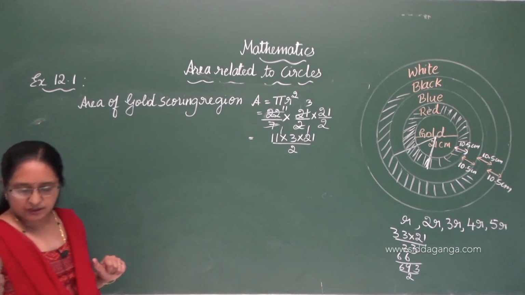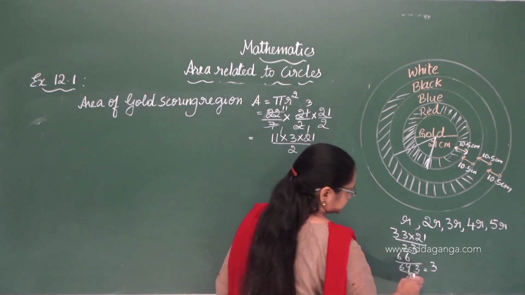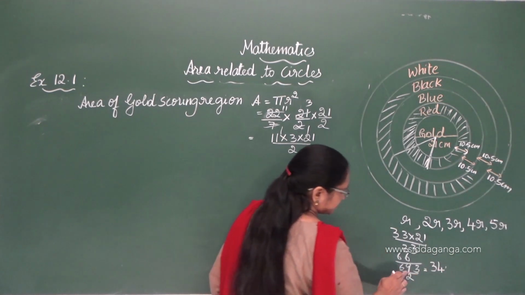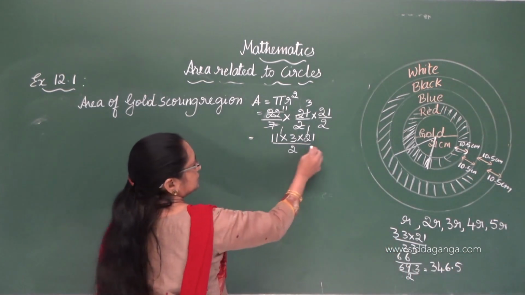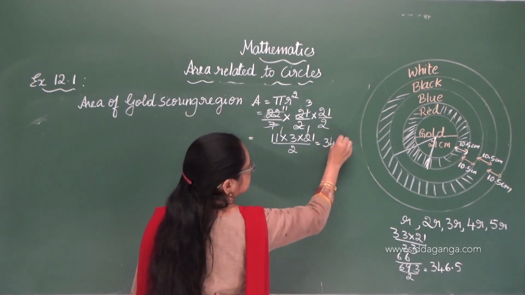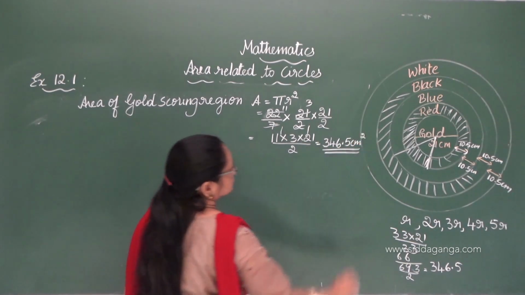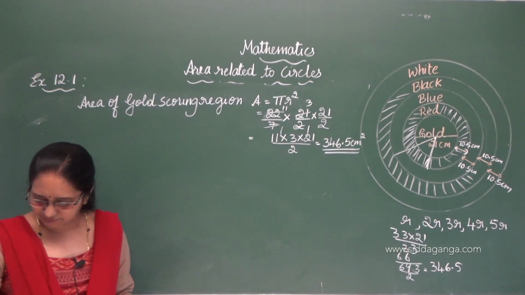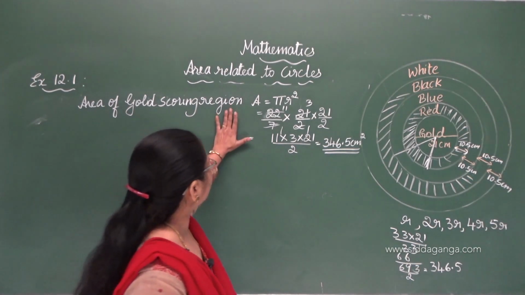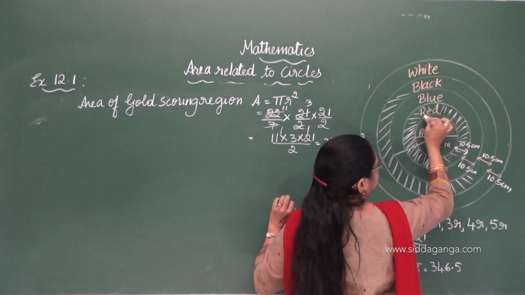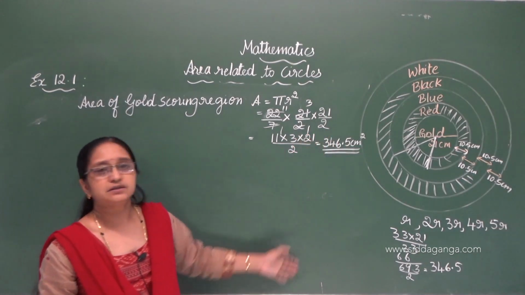Now the answer will be 346.5 centimeter square. Please note, 346.5 centimeter square. Got it? So this is the area of the gold region, correct? Now based on this we are going to calculate the other regions also.